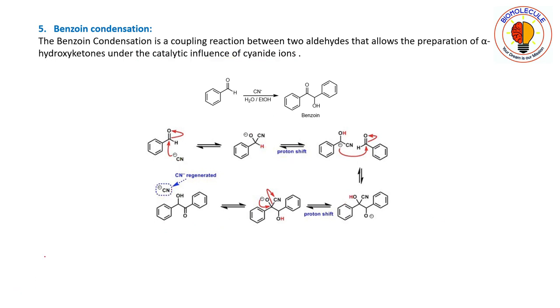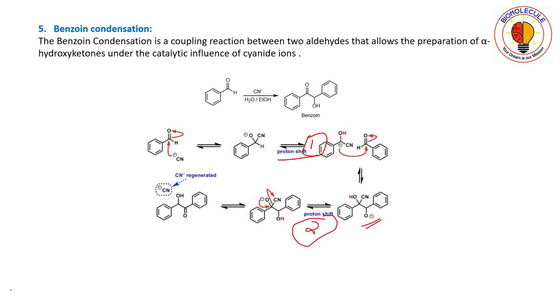Because of this cyanide, that is because of this nitrile, a Cannizzaro type reaction is not taking place. Instead of Cannizzaro there is proton shift. First proton shift, and then after forming this O minus there is the second proton shift.